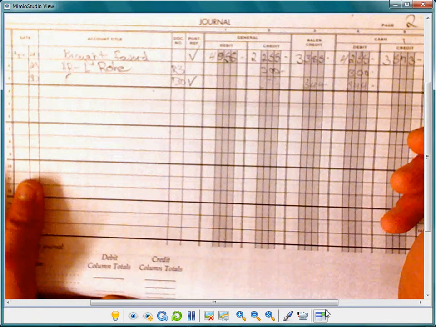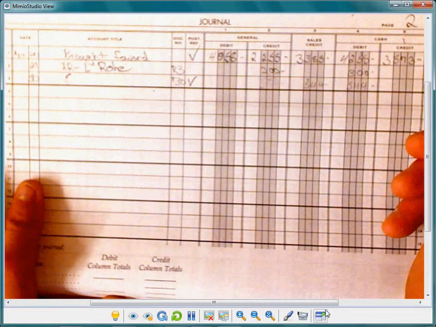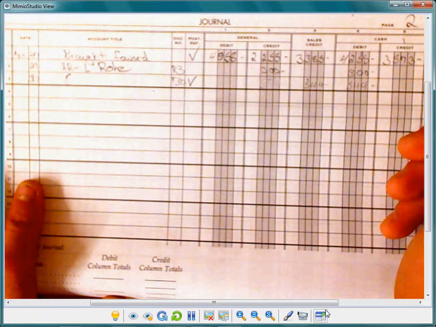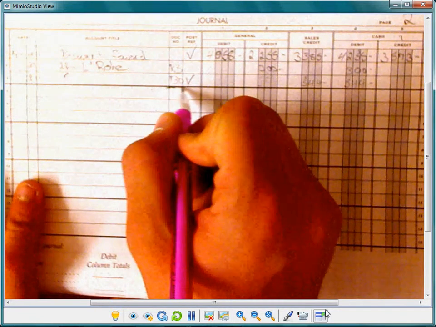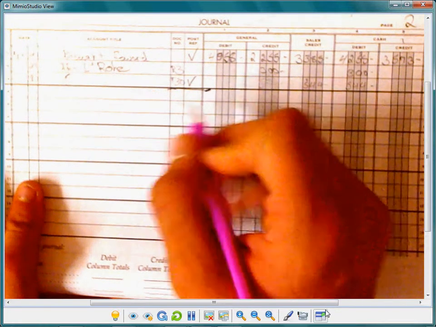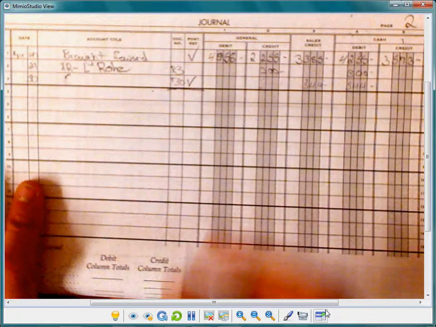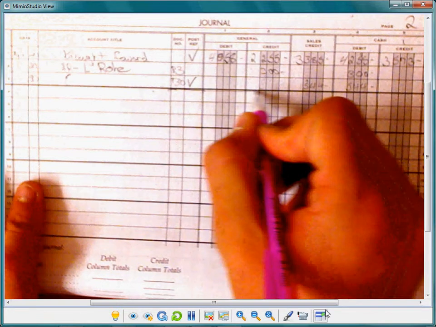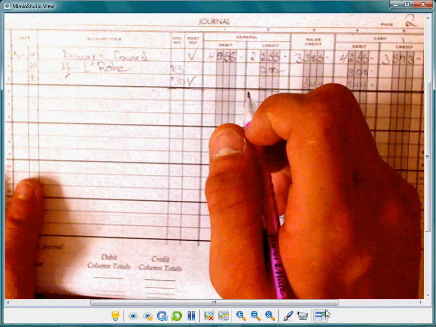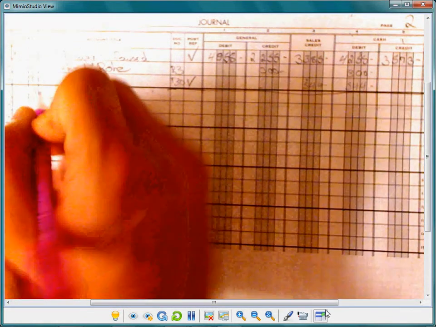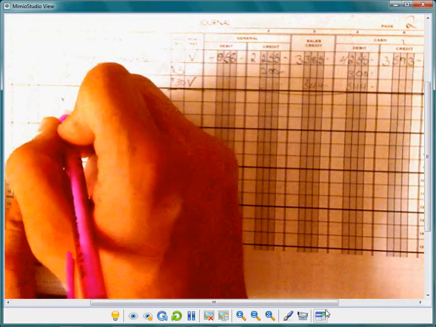Okay, since that is the end of the month, we need to prove and rule that. So we'll do a single rule. Our date is the 30th. Account title is totals.